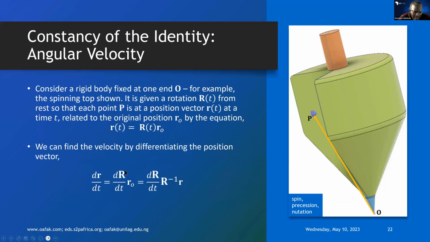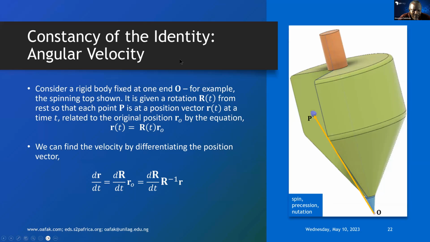We only omitted the functional relationship with this. That's all we have removed here. We didn't carry that along. And we are also here changing this R naught to R inverse R. So if you see R inverse R, and because R is a rotation tensor and a rotation is an orthogonal tensor, R inverse is the same thing as R transpose.